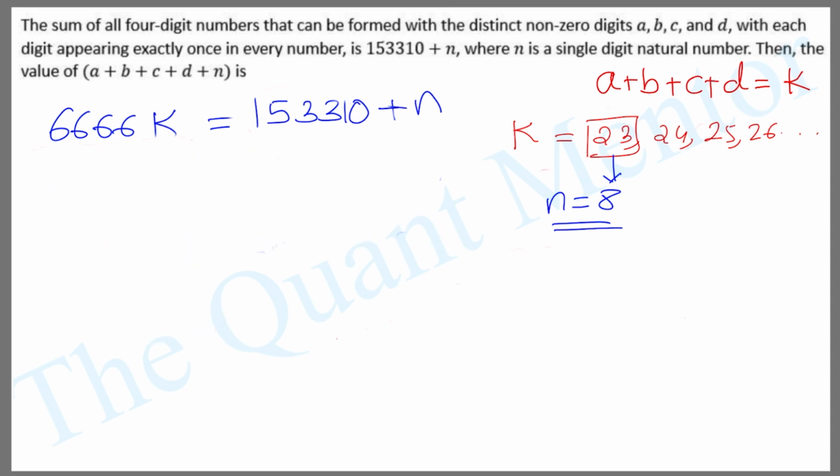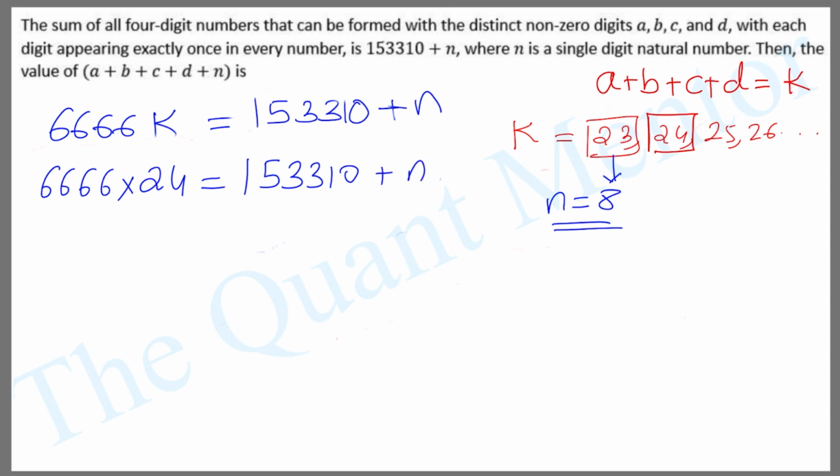What if I take a higher value of k, let's suppose 24. I'll put 24 in this equation. I'll get the corresponding value of n. So putting k as 24, I will get 6666 into 24 is equal to 153310 plus n.